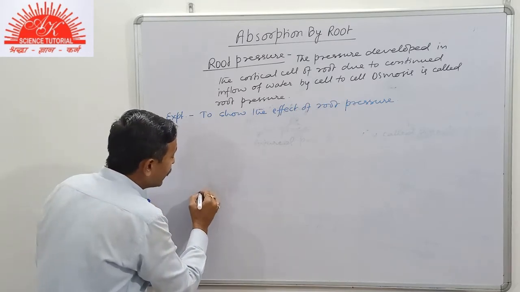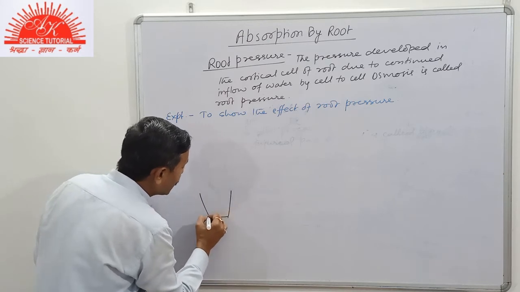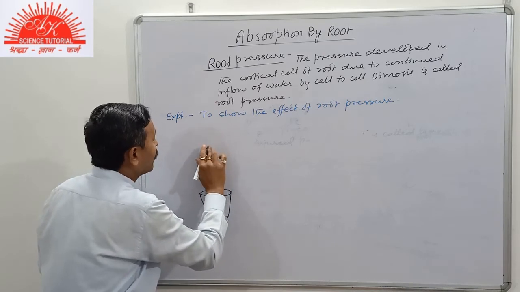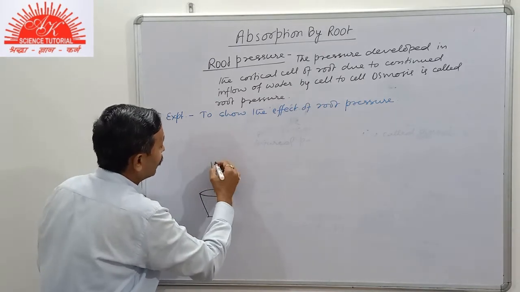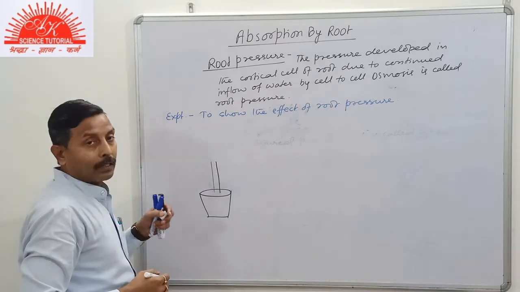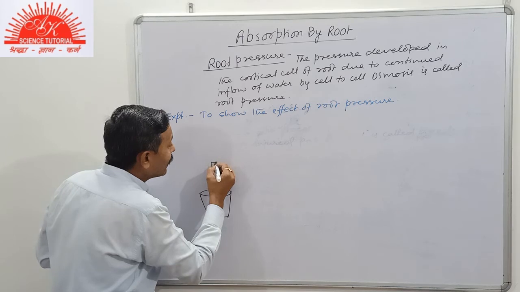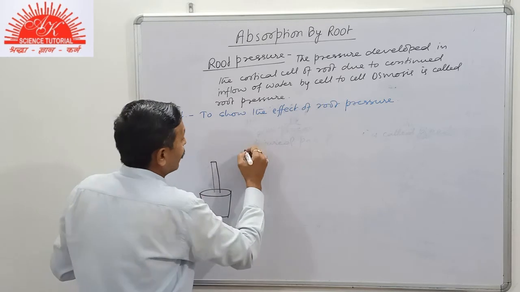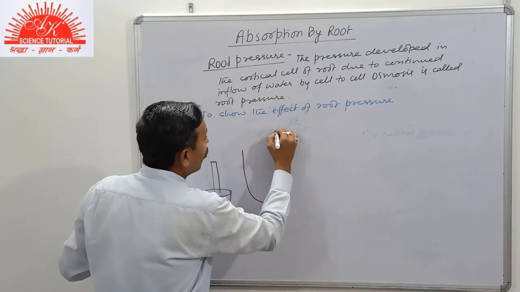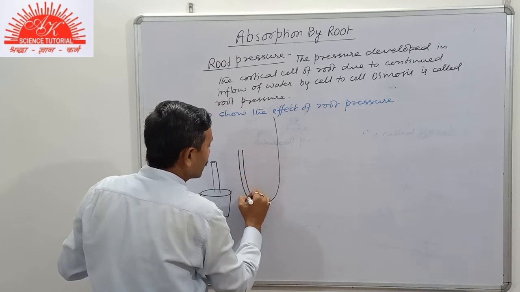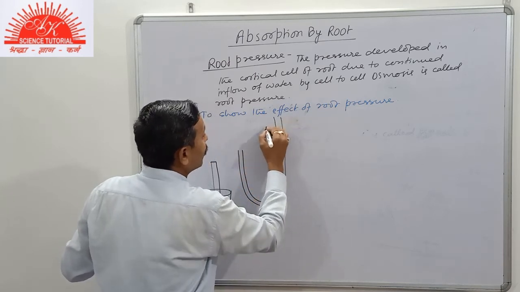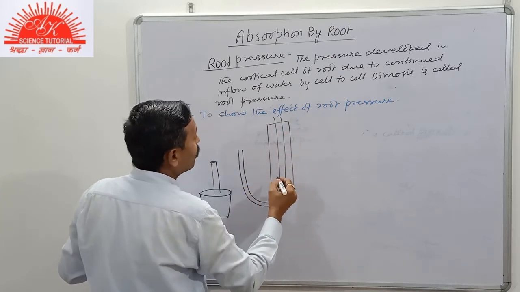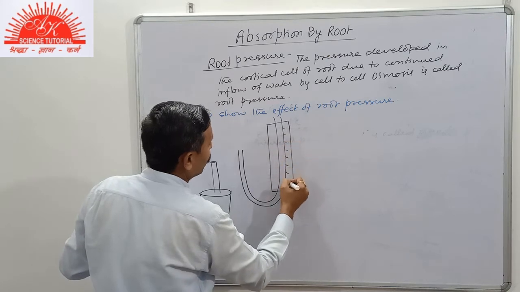Now how will you perform this experiment? For this we take a small well watered garden plant, like a soft stemmed balsam plant. Its aerial part is cut here, and then we take a long U tube placed on a scale or board, that is called a manometer.